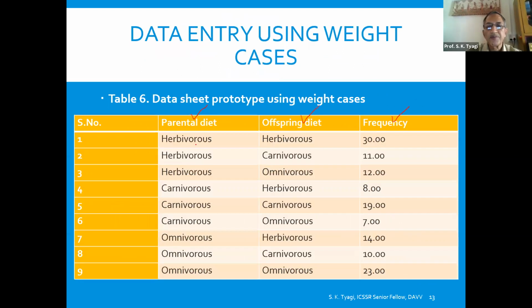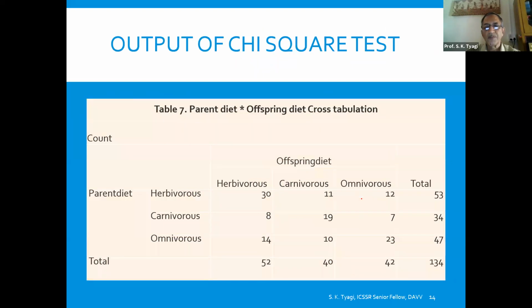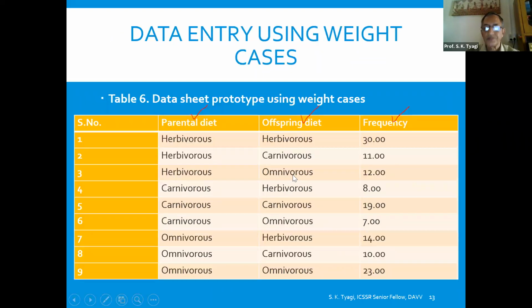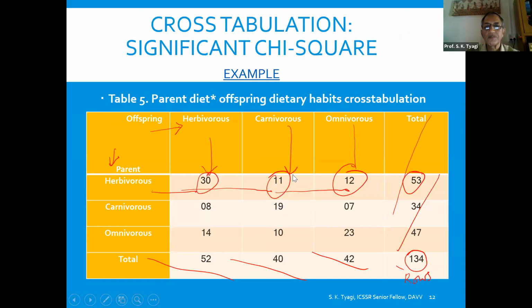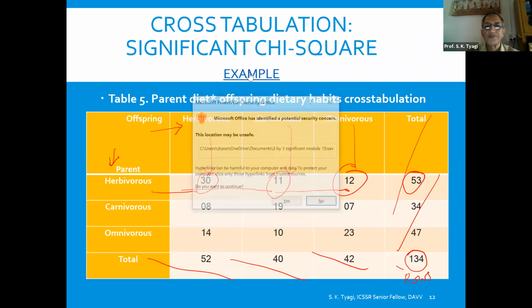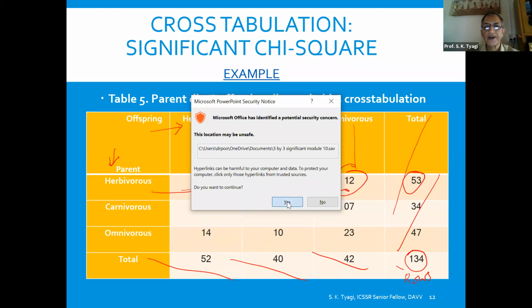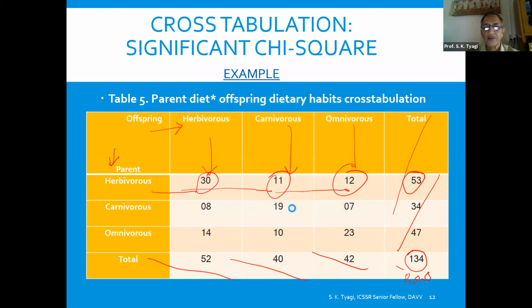Now this is herbivorous parent, offspring, 30. Herbivorous, carnivorous, 11. Herbivorous, omnivorous, 12. And so on. This way we enter the data. I will show you how to enter. I have already entered this.